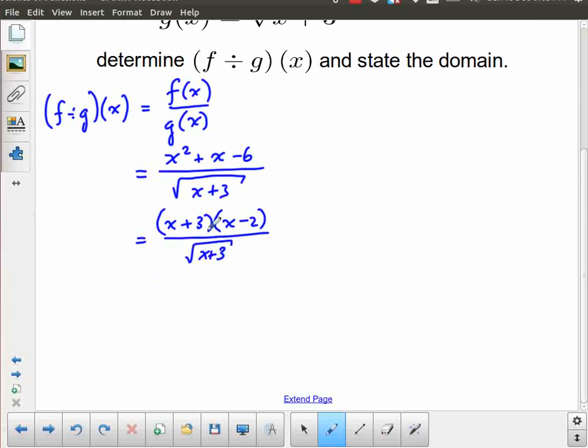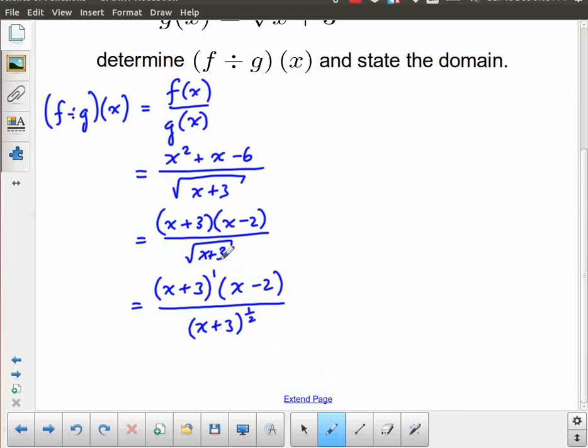And although it's not our typical situation, we actually do have a common factor in the numerator and denominator. The way I'm going to point that out is that this is x plus 3 to the exponent 1. x minus 2 is also to the exponent 1, but I'm not going to highlight it. And in the denominator, x plus 3 to the 1/2 is the same as the square root of x plus 3.